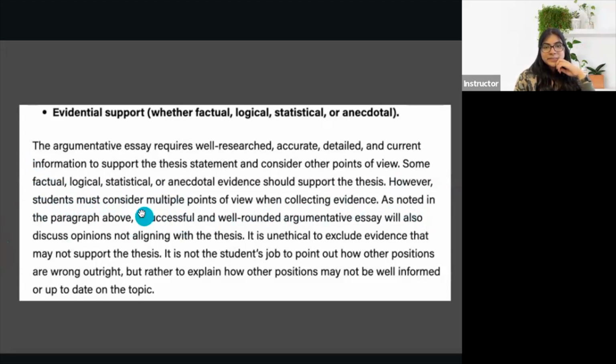What does that mean? Considering the other side of the debate, and also considering who your audience is, who is going to be reading your essay, who would care about it. I think we talked about this earlier, but if we're just writing this for the elementary school kids, then it might come out a certain way, right?